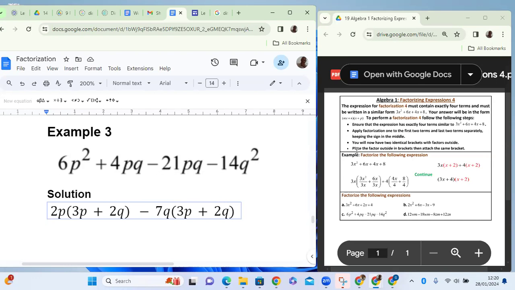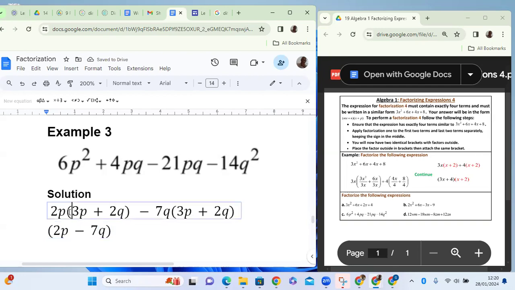So now we can apply this final step. Place the factors outside the brackets. So we have a 2p come in a bracket and a negative 7q, close bracket.